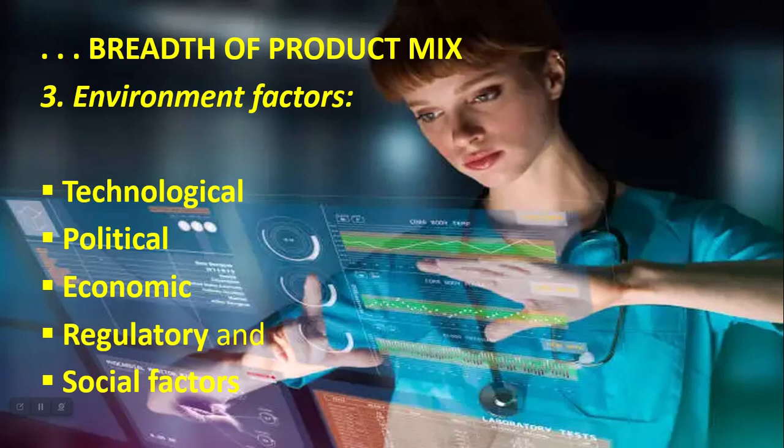Similarly, in developed countries or in the USA, you cannot market a drink which contains color, because generally it is considered that color is carcinogenic. This you can say is political as well as regulatory. Then there are economic factors. In some poor countries, you cannot market a very high-end product because it is not going to sell.